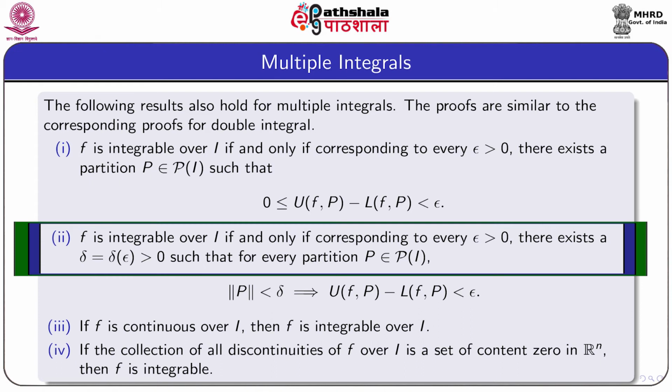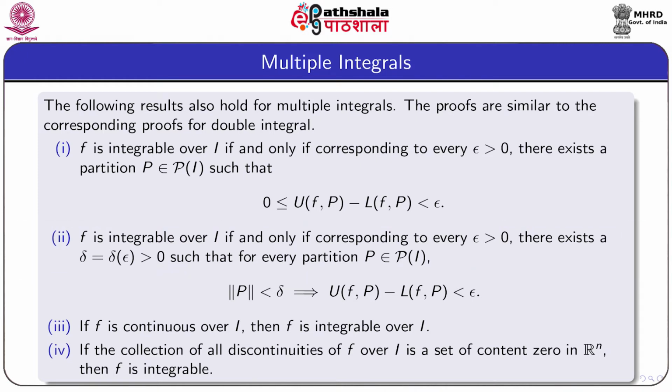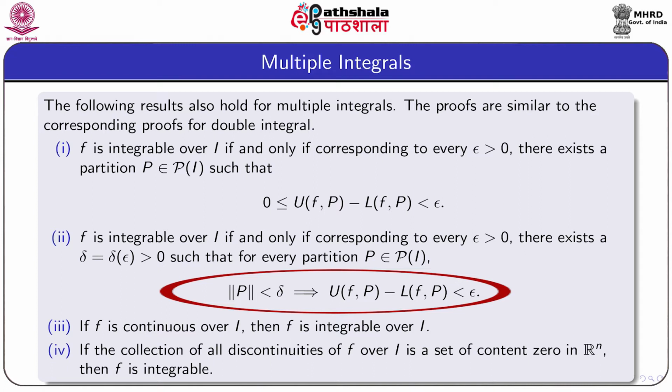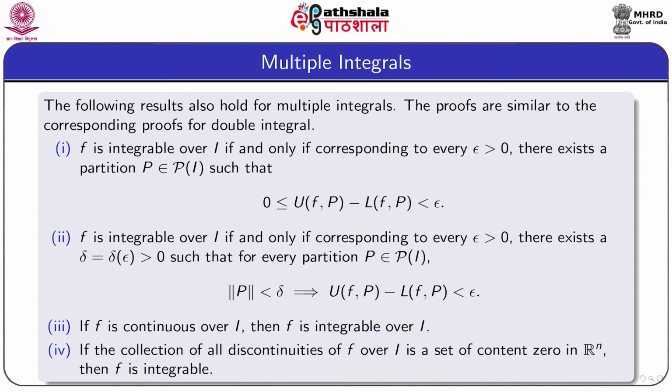Second proposition: f is integrable over I if and only if, corresponding to every epsilon positive, there exists a delta such that for every partition P, norm of P less than delta implies U(f,P) minus L(f,P) less than epsilon.